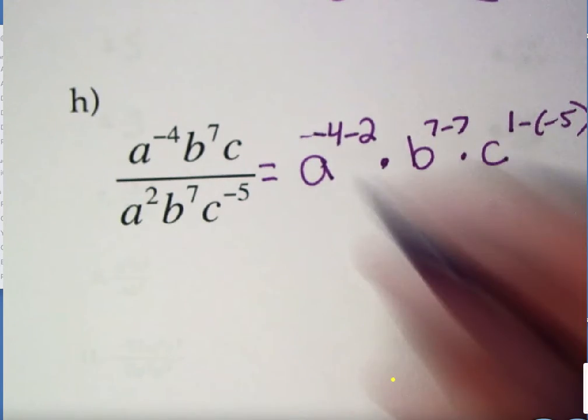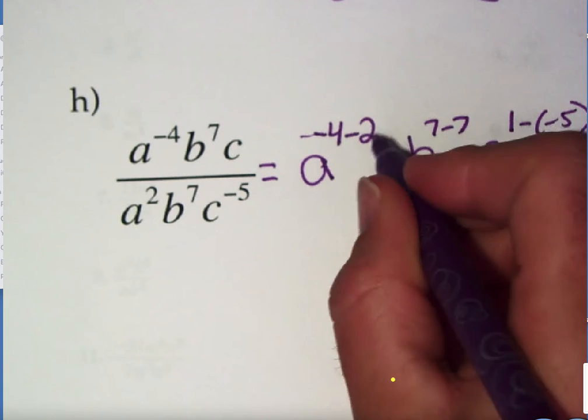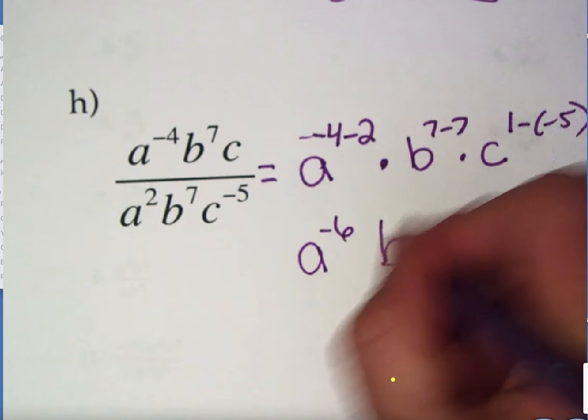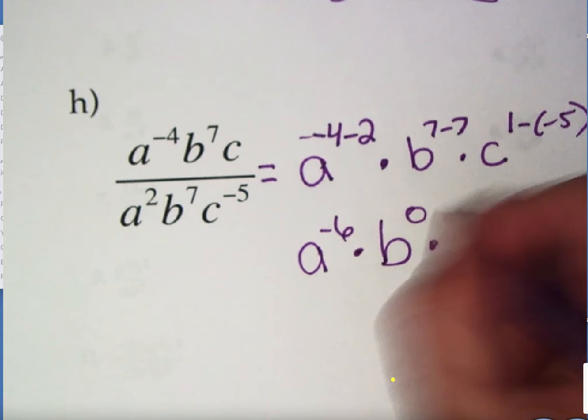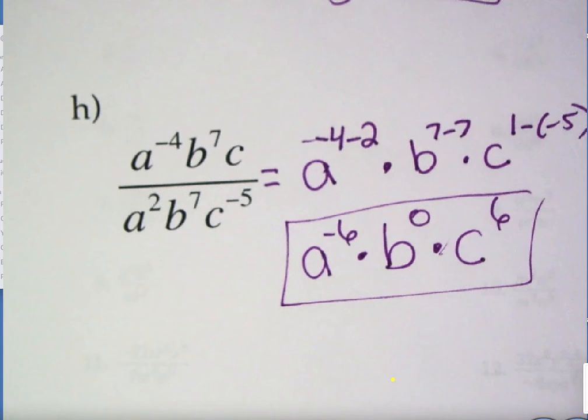Okay, I'm just following the rule. Keep the base the same, subtract the exponents. Numerator minus denominator. So we get a to the negative 6th, b to the 0, and c to the 6th. Boom. Awesome. Nailed it.